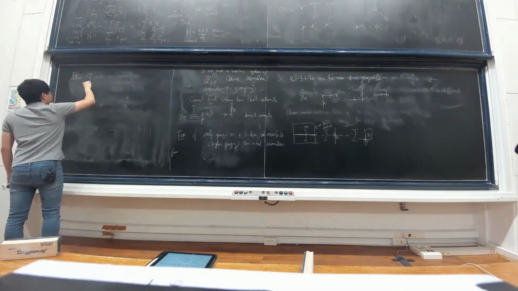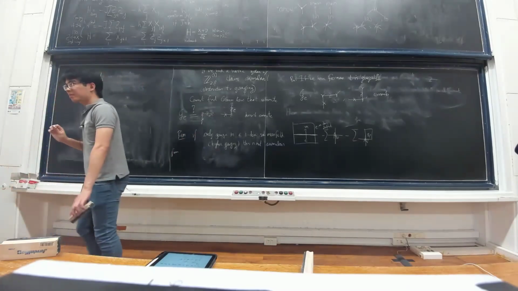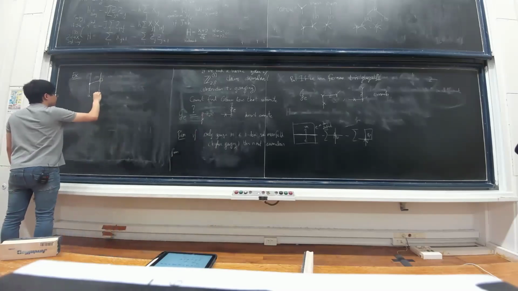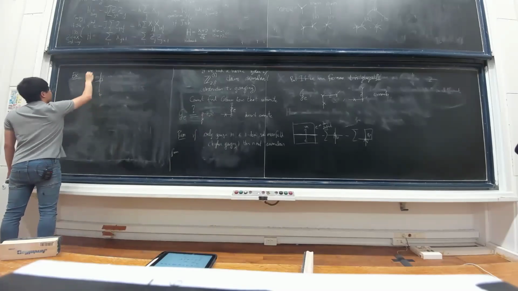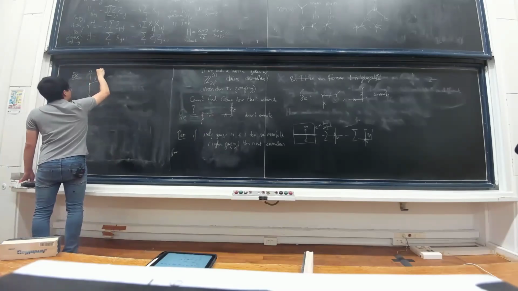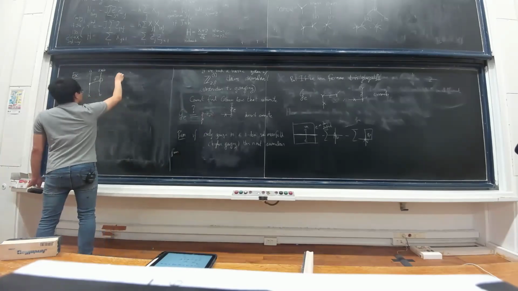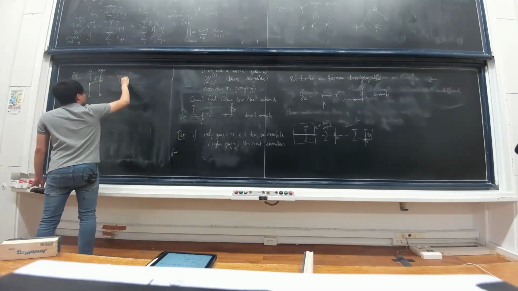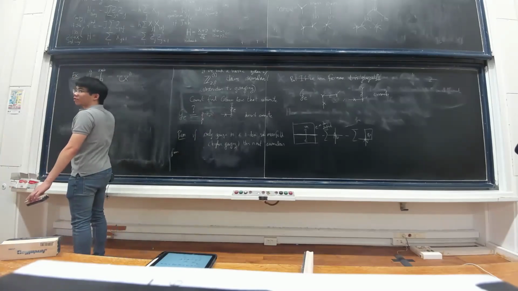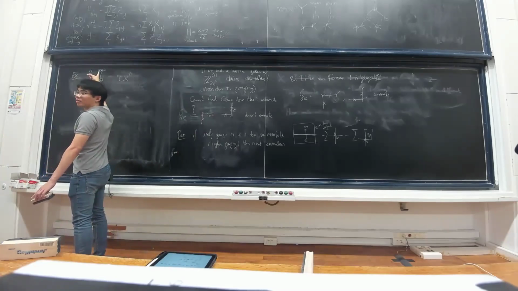I take this one and I contract it with this one. And what this does is, suppose I have states A and B here. A is going to get copied, and then I add B, so it outputs A plus B. So this is exactly this control X operator I said previously, because if this state is 0, do nothing to this state. If this state is 1, flip it, meaning you added 1 to it.